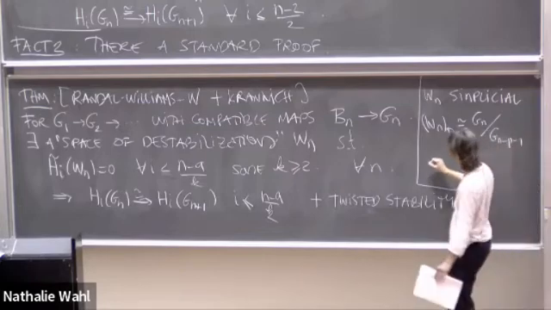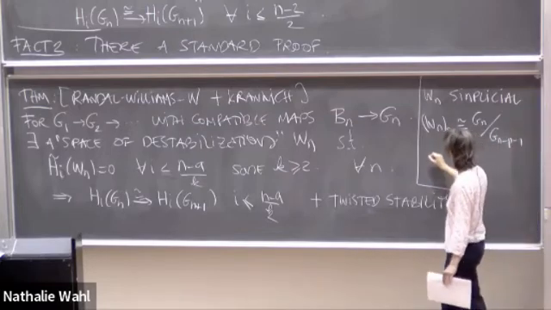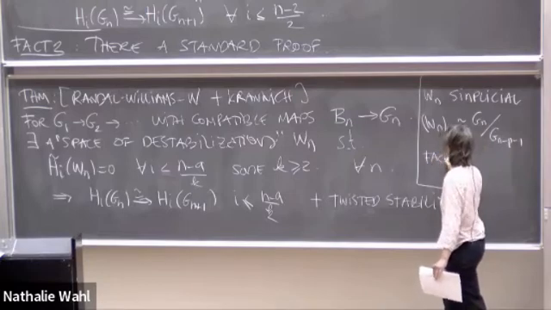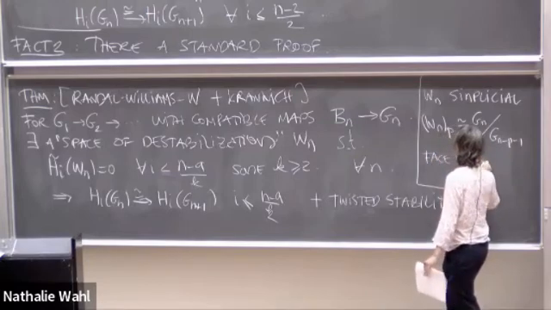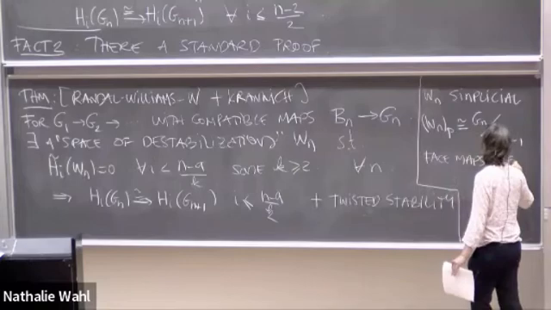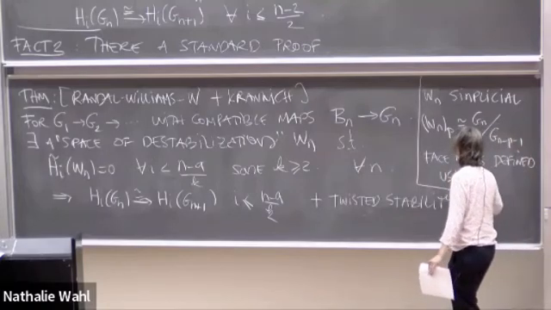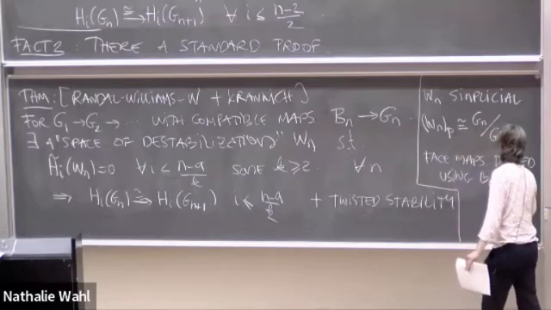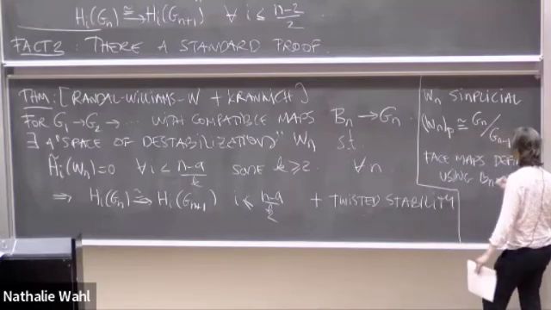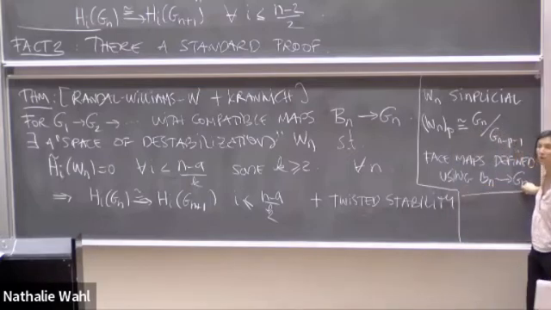And then when you have a simplicial object, you need to define face maps. Face maps are defined using the map from the braid group. So this is why we need this data.